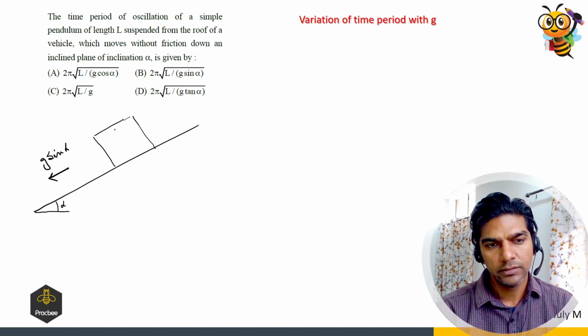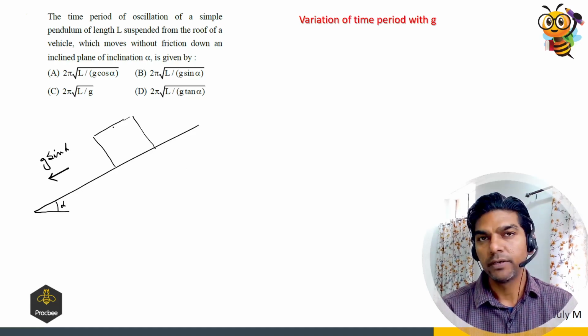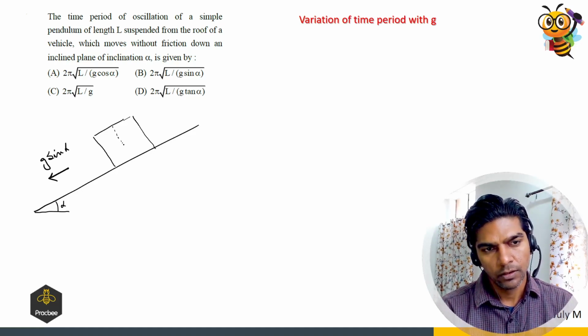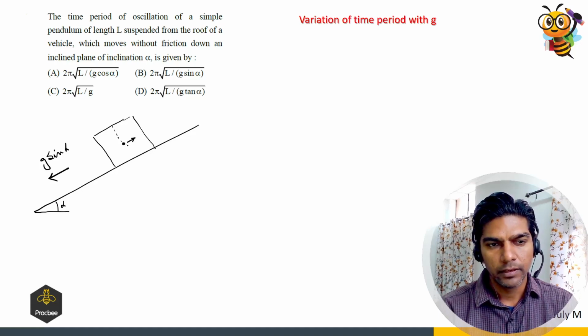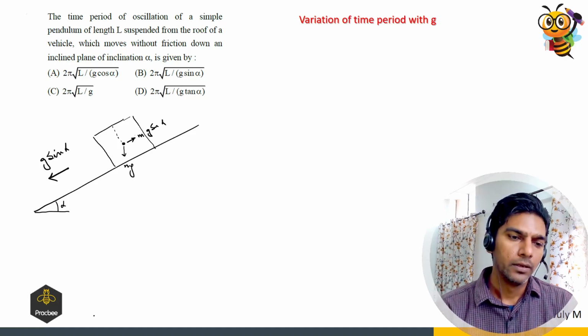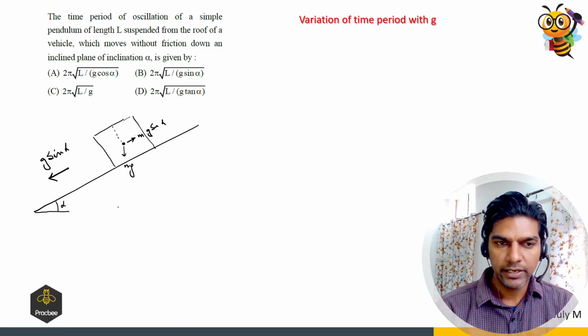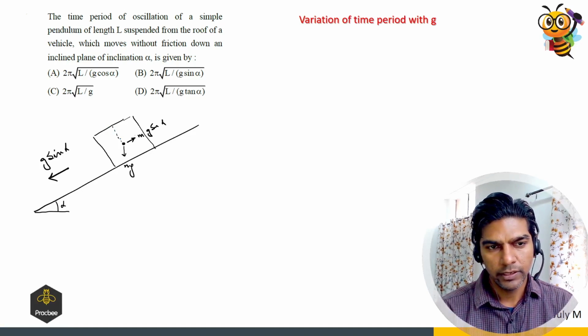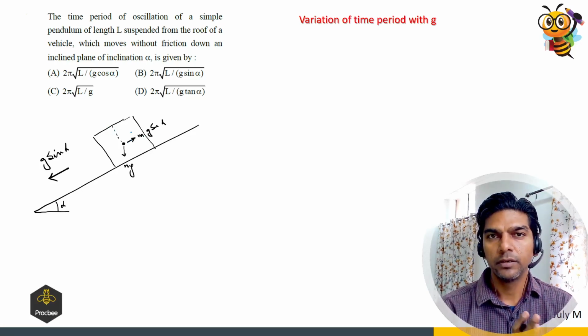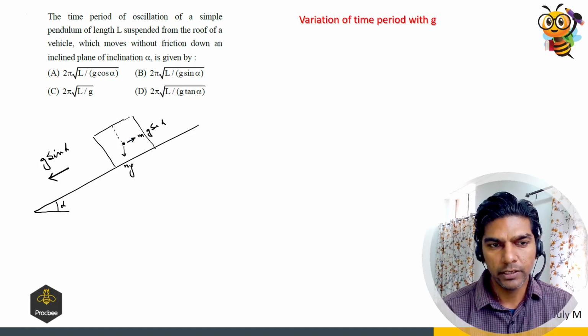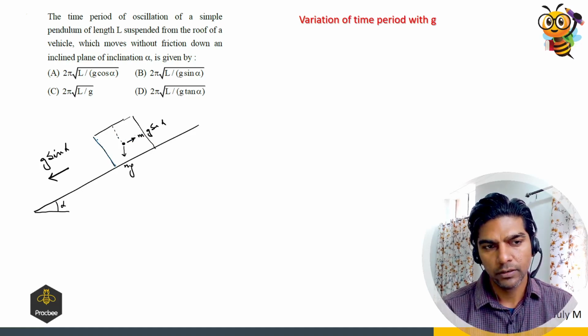So if I consider a pendulum which is suspended from the ceiling, on this pendulum there will be a pseudo force which is up the incline, and there will be a gravitational force which is in the downward direction. So this pseudo force will be mg sine alpha, and this will be mg. Now, due to this pseudo force, the string will not be perpendicular to the wall of the vehicle.